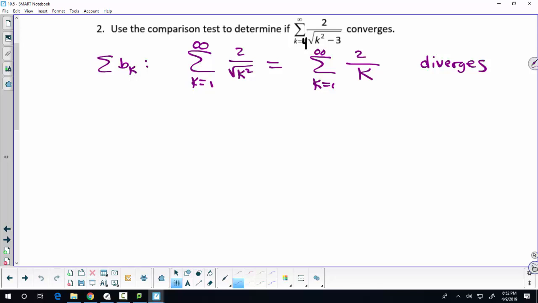All right, once we've found the series to compare with, what do we have to establish? We have to establish a relationship between the series we're comparing versus the series we're given.